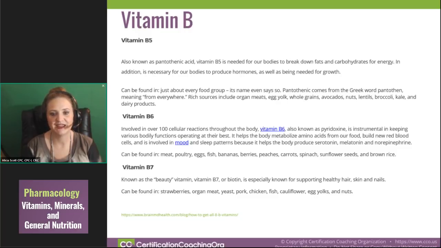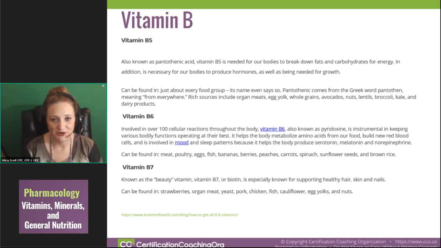A neat little thing about pantothenic acid is that it comes from a Greek word which means from everywhere. I thought that was kind of a neat point to add in there. Organ meats. If you eat liver, that is a great way to get extra vitamin B. A lot of people don't like liver. I'm a particular fan of chicken livers.